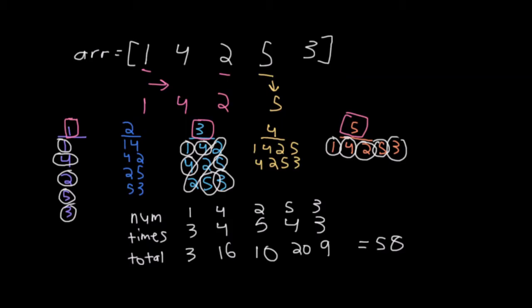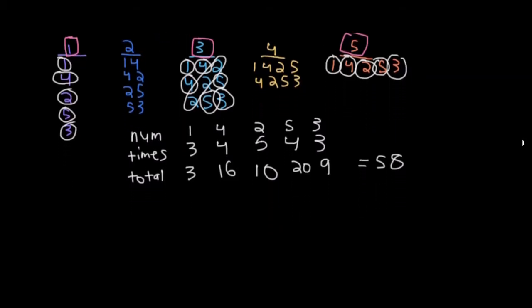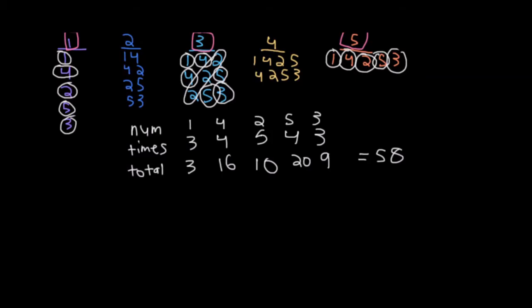The hard part of this problem really becomes calculating how many times each number appears in these odd length subarrays. So let's try to figure out how that can happen. If I take a step back and I look at, for whatever number is at index 0, I'm going to write the indices above here real quick.